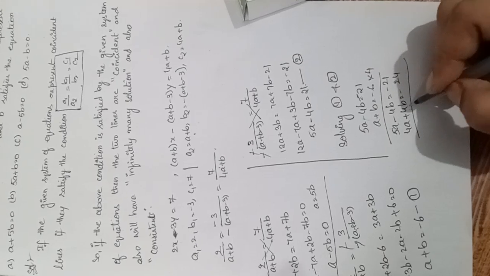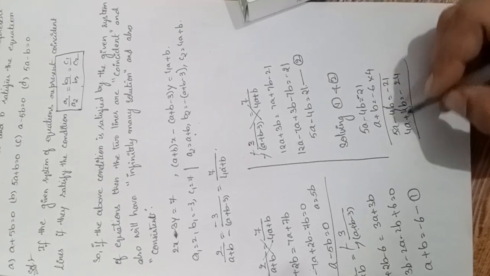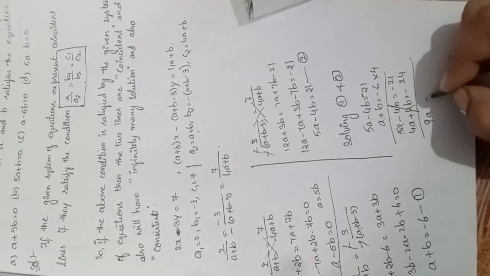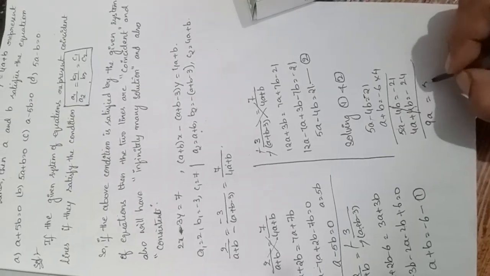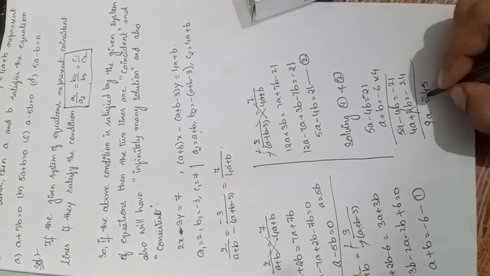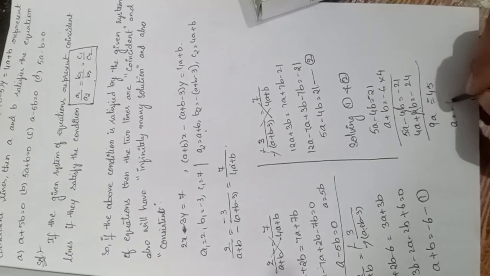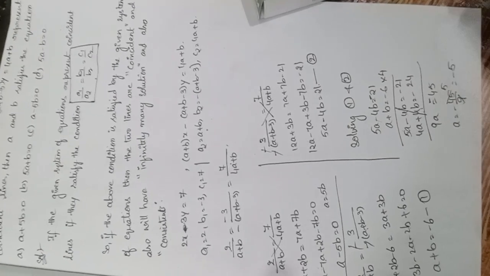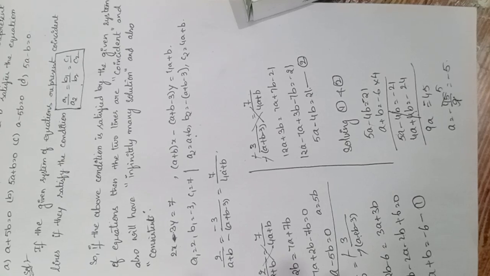Now these both have opposite signs, you directly cancel. Now you have to add the remaining terms. So 5 plus 4 is 9a equals minus 21 minus 24, which is minus 45. a equals minus 45 by 9, which equals minus 5. That is the value of a.